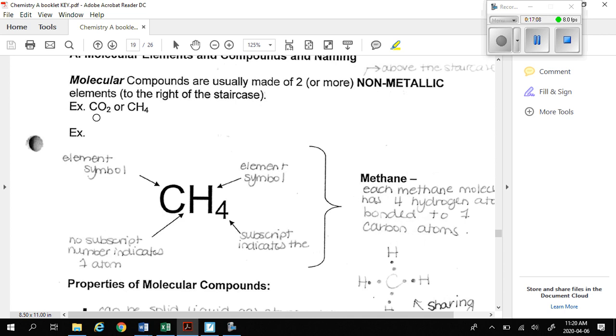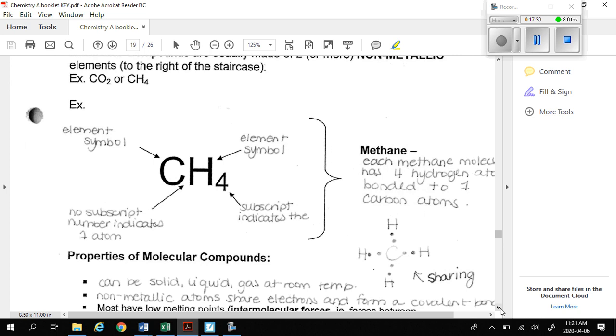And then the next element is with the IDE ending. So it's oxygen, so it would be oxide. So carbon oxide, but we need to think of our subscripts. So this subscript of 2 is related to our oxygen. So we put a prefix in front of oxygen to say that there are 2 oxygens.